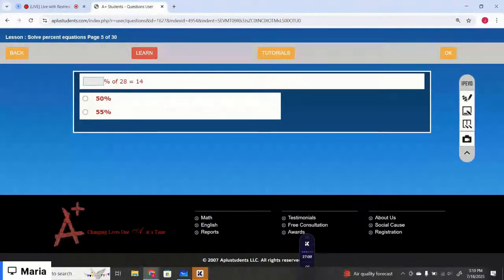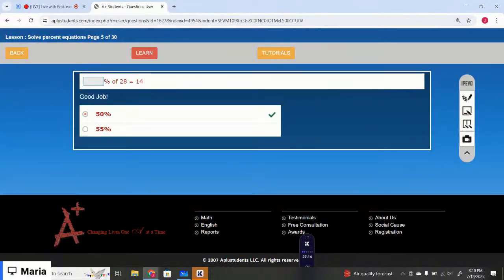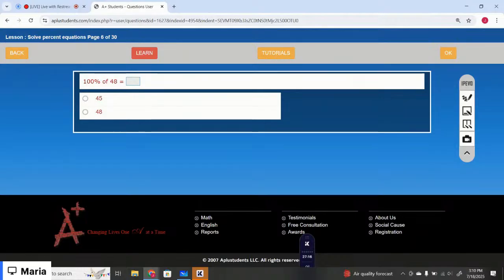What percent of 28 is 14? 50% of 28 is 14. Option number 1 is the correct option. Hundred percent of 48 is 48.